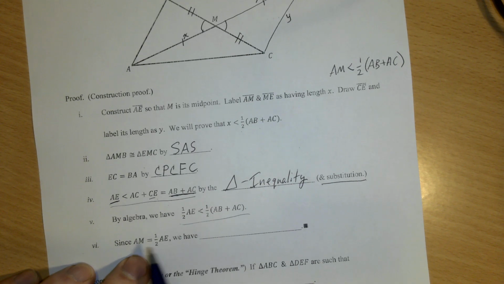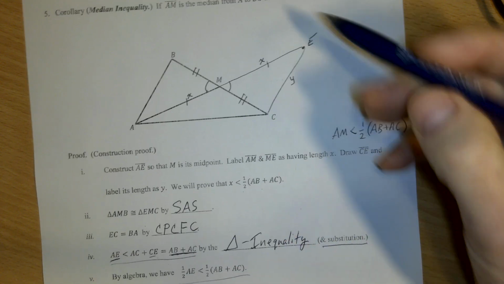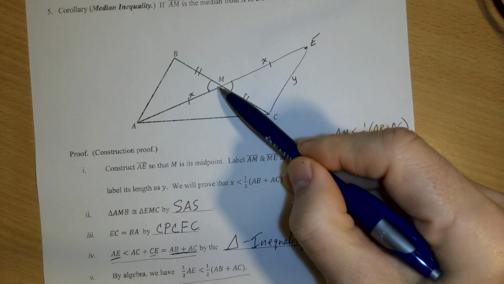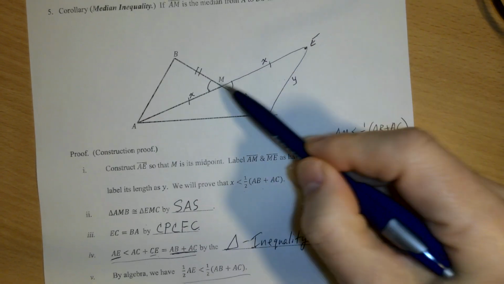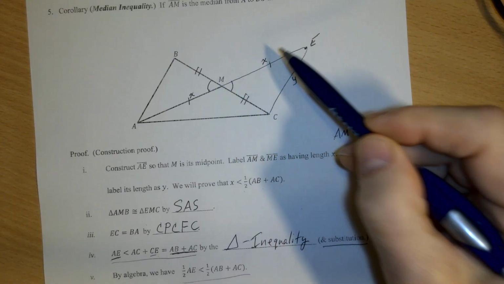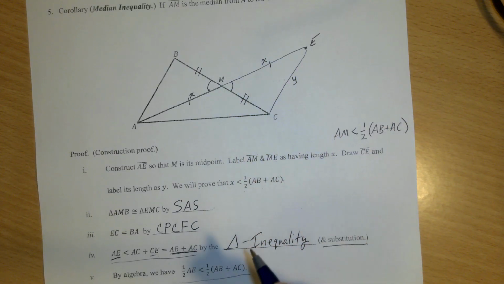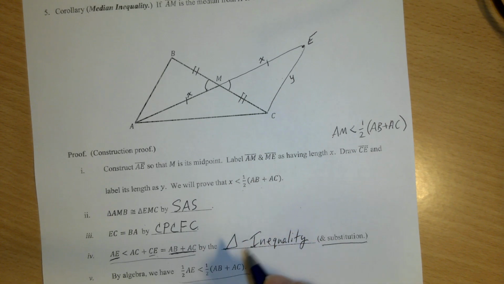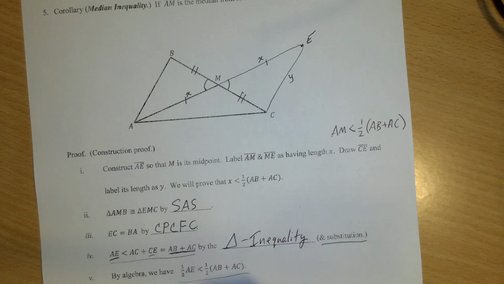Then, since AM, remember what AM is? It's half of AE, because M is the midpoint of AE. So AM is 1/2 of AE. We have that AM is less than 1/2 of AB plus AC.